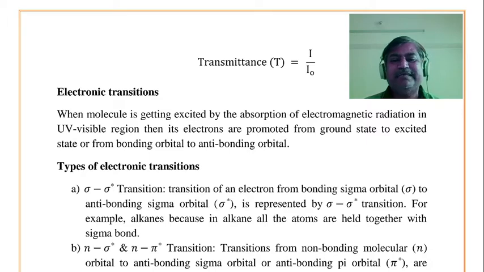Out of these 3, in UV spectroscopy, the changes take place in the electronic energy level. Electrons transition from different energy levels.